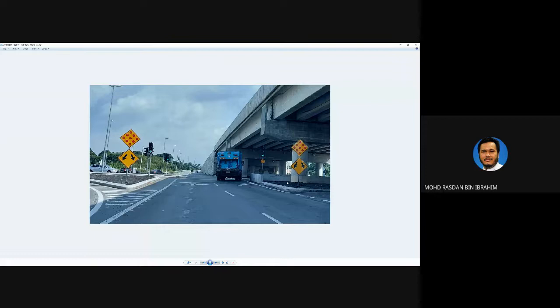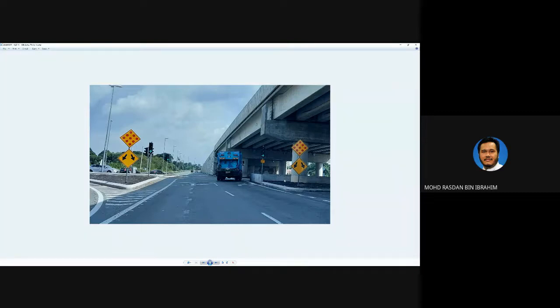So the guardrail here must be constructed at a correct distance. You need to have a correct distance between the guardrail and the pier, because the guardrail is designed to bend.